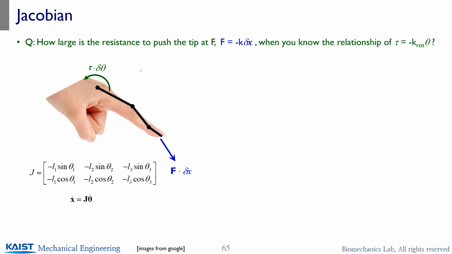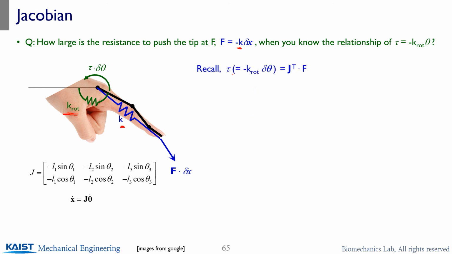Also, the Jacobian can be used for relating linear stiffness and rotational stiffness. Suppose you are applying torques at the joint, and you can figure out the rotational stiffness, the rotational resistance of the torque to the displacement, and I'd like to know the equivalent linear stiffness at the fingertip.